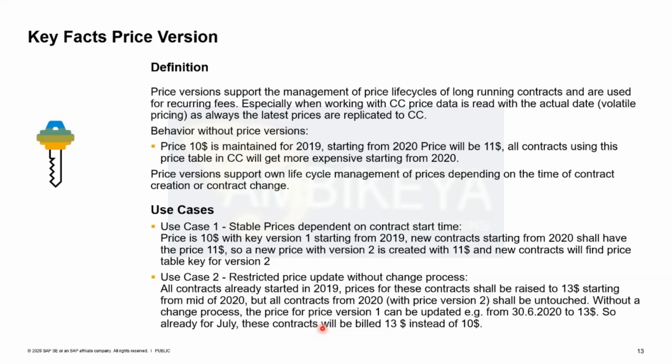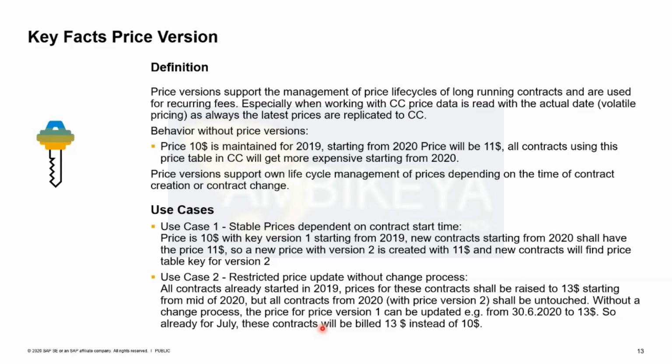Price versions are supported both with CI bill plans and also in a CC scenario. Once during creation, you can use it. And even for existing contracts, if you want to change the price, you can change the price for a price version relevant for contracts of that year, like 2019. For contracts created in 2020, you can still keep the same.